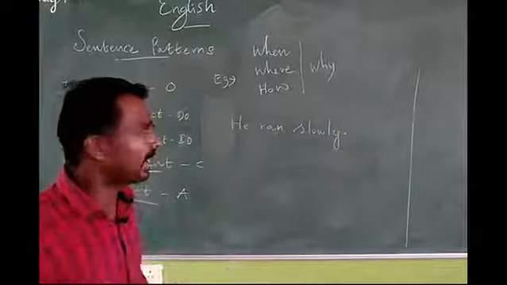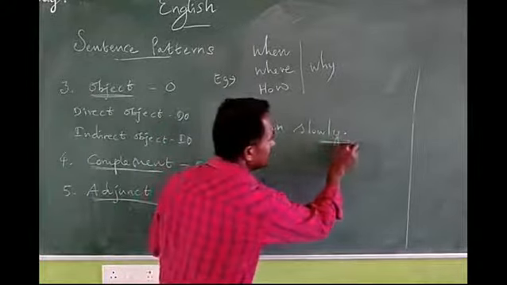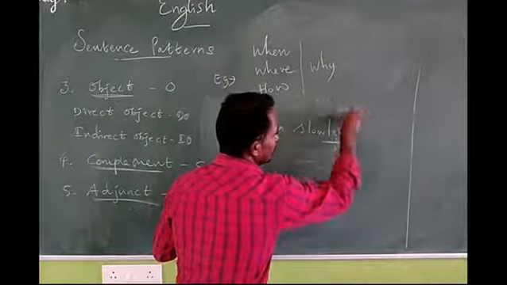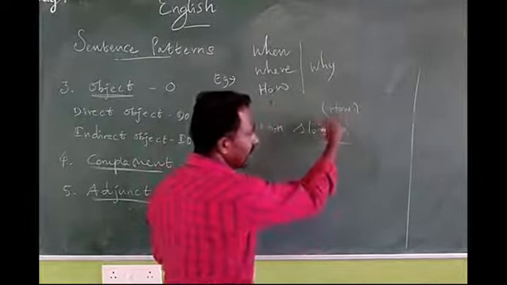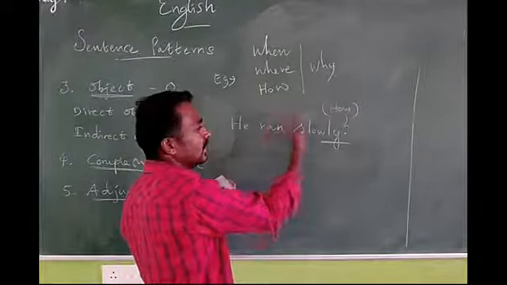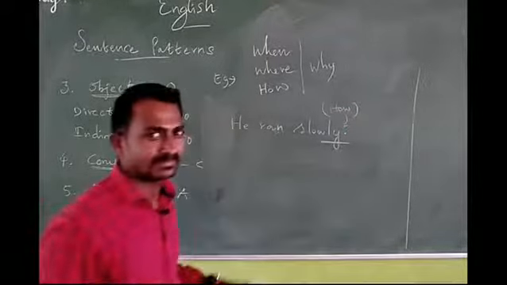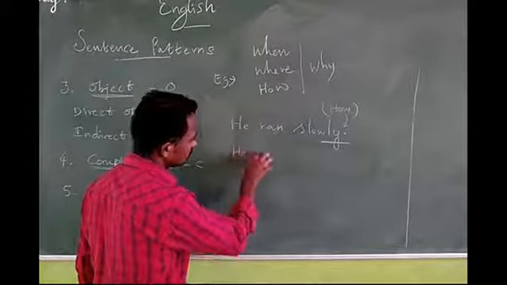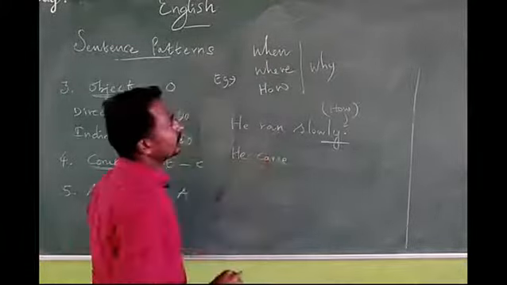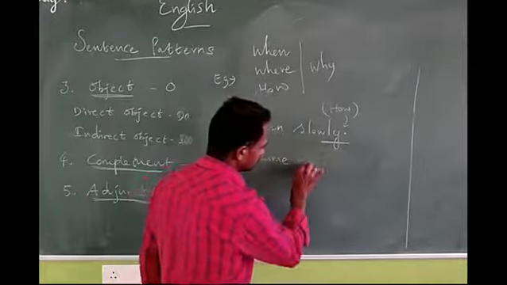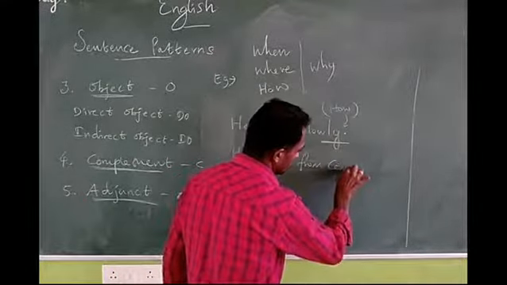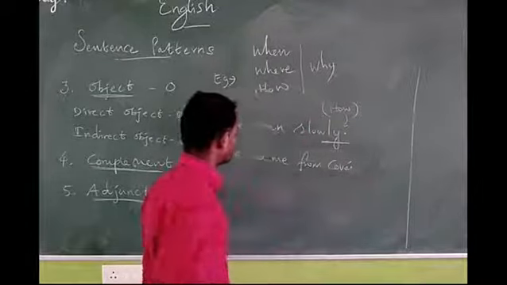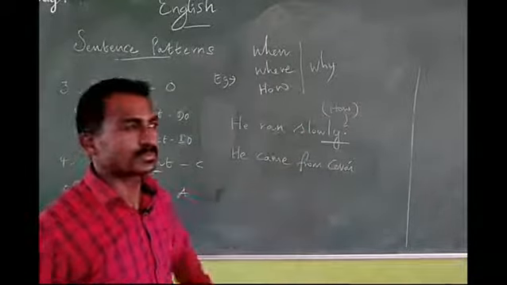He ran slowly. How did he run? Slowly. The word ends with ly, and also we can raise the question how. Okay. Then for example, he came from Coimbatore.